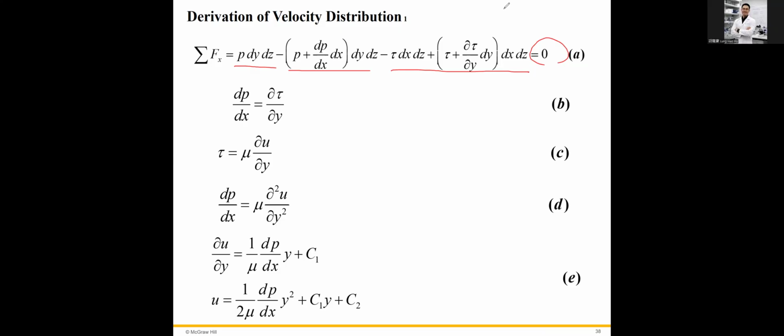So we can manipulate this equation, and the derivative of the pressure P with respect to x equals the partial derivative of the shear stress tau with respect to y.